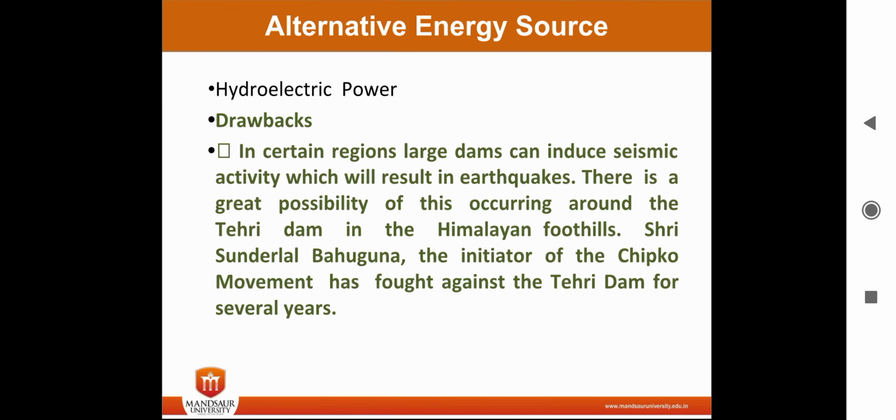In certain regions, large dams can trigger seismic activity, that is earthquakes. This is the basic drawback of hydroelectric power, for example in the Himalayan foothills and terai areas, where there are seismic activities and landslides.